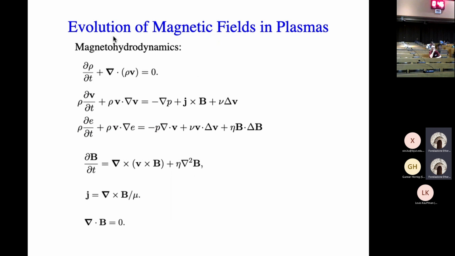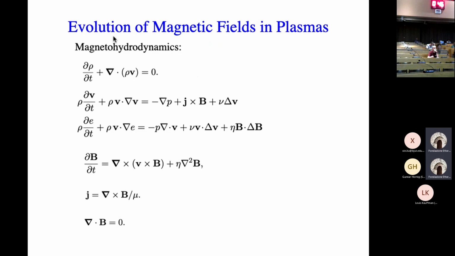Right. So a little bit about the dynamics of these plasmas. The simplest description is that of magnetohydrodynamics, and here is a full set of equations. Magnetohydrodynamics is essentially coupling equations for the fluid, the plasma, to equations for the dynamics of the electromagnetic field. And here the magnetic part of the electromagnetic field is the dominating one.